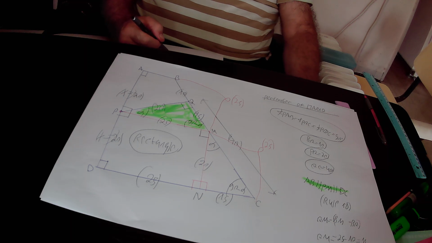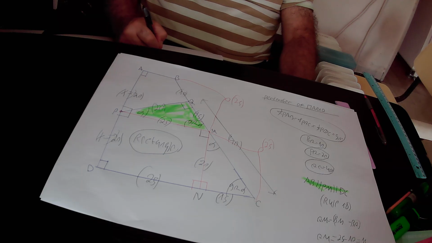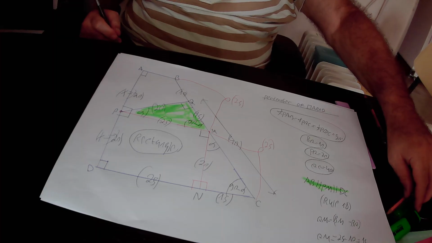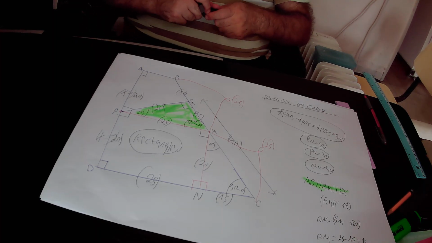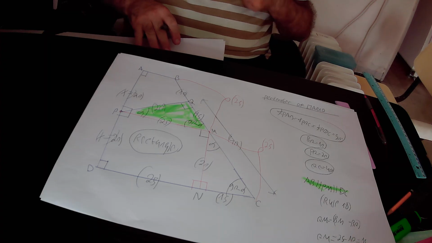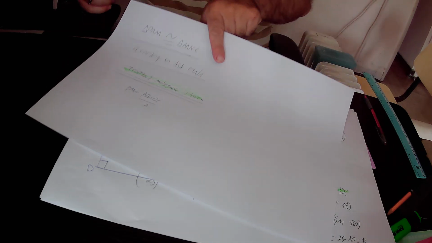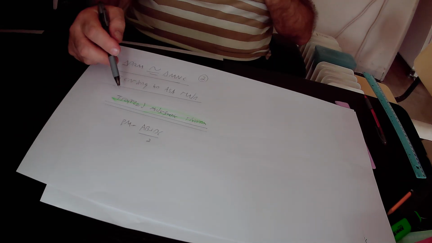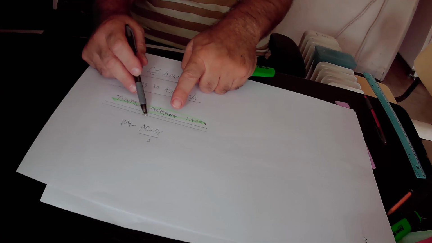The two parallel bases are AB plus DC over 2. So according to the trapezoid mid-segment theorem, the length of the mid-segment PM of trapezoid ABCD equals the sum of its two parallel bases, that is to say AB plus DC over 2.